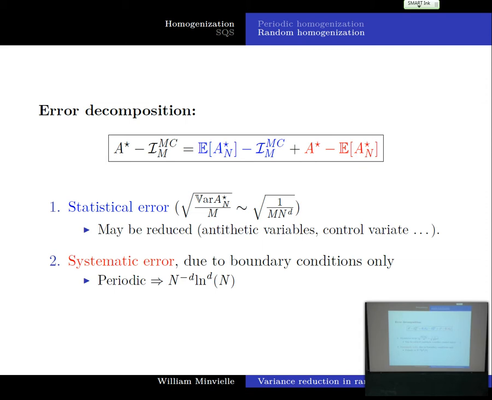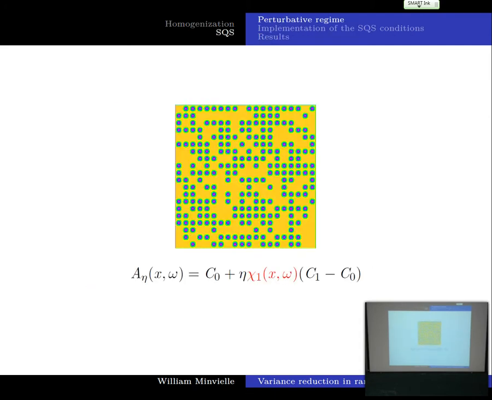For instance, I could put something which happens not so often. I will select my realization so that perhaps it has a lower variance, and then I'm in good shape.